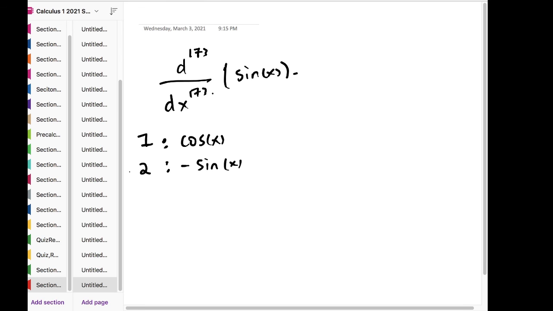The third derivative is negative cosine. And the fourth derivative is sine. So what do you think the 173rd derivative is? What do you think you would need to do?